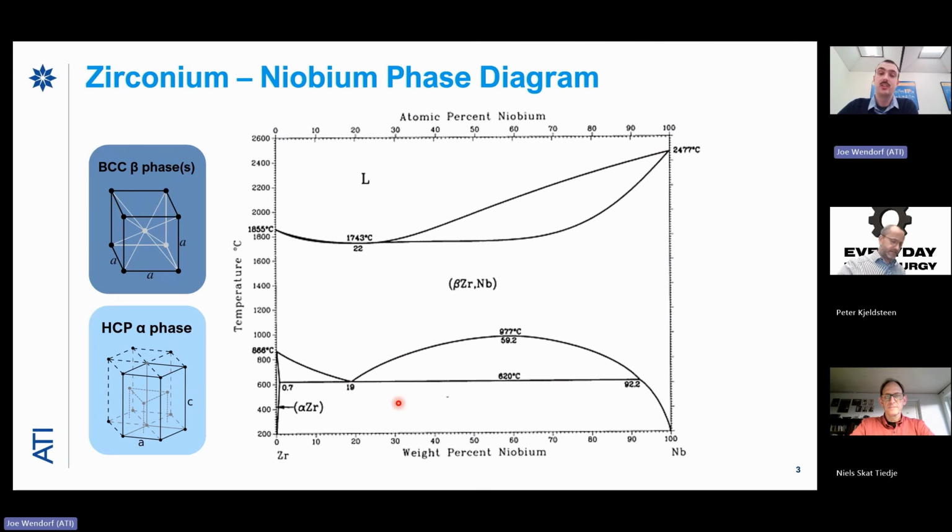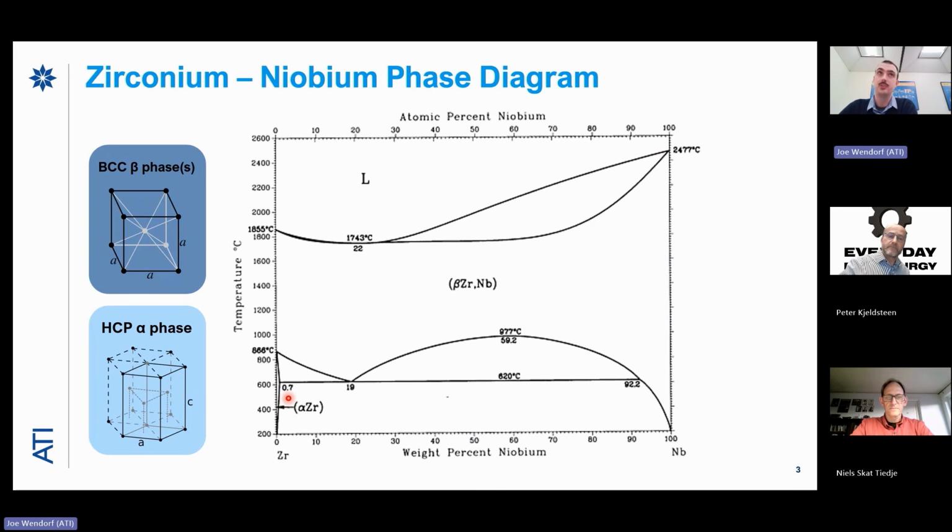And so in the case of CANDU reactors, where we have 2.5% niobium in this alloy, we control the processing to get a certain distribution of alpha and beta phases to maximize the creep resistance. So that's the main advantage of zirconium niobium alloys over a lot of other zirconium alloys.